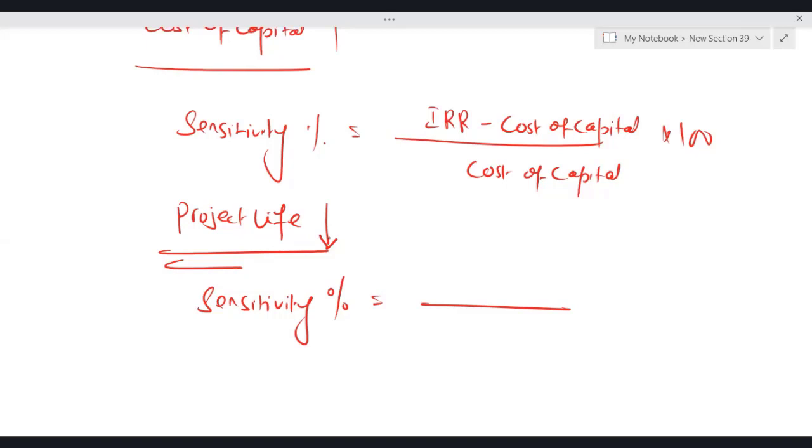At what point does every project have NPV 0? I'm talking about the life. What is the lifetime of every project where NPV becomes 0?